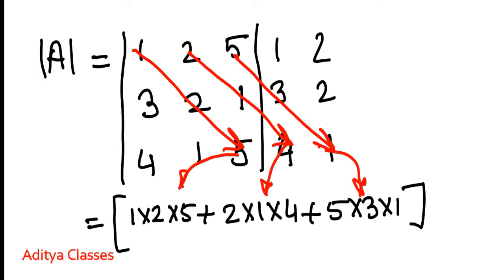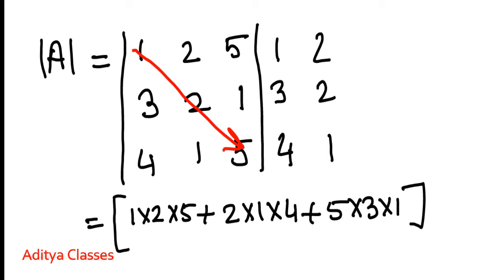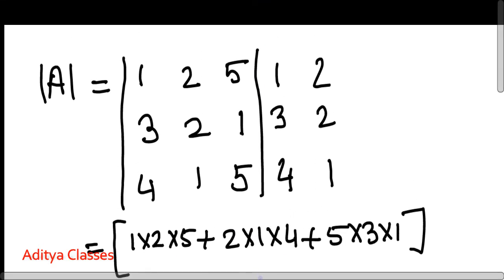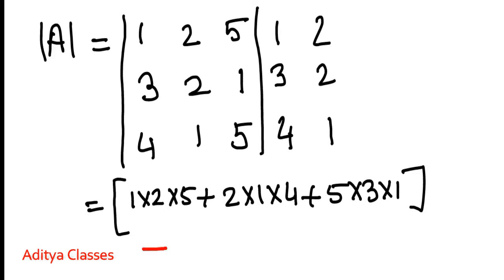Done. We are through with all three diagonals: 1 multiplied by 2 multiplied by 5, then 2, 1, 4, then 5, 3, 1. So what we have done is we have written all three leading diagonals, the diagonals that are bringing us from top to the bottom.